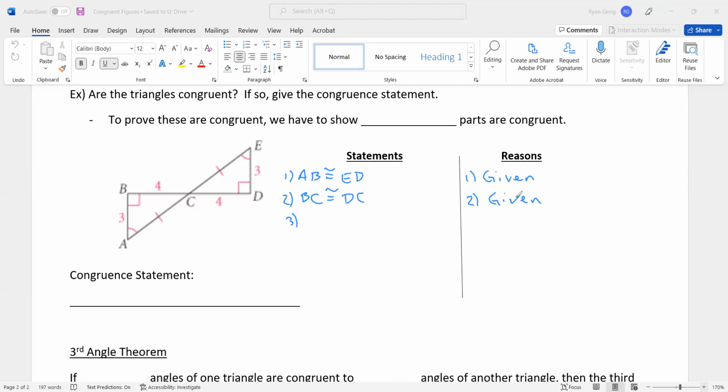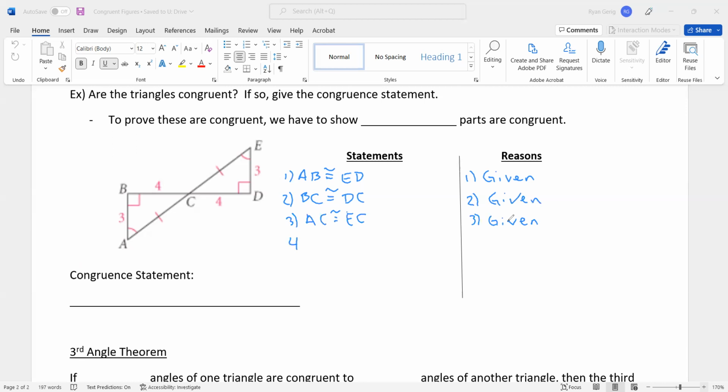Third one, also given, AC is congruent to EC. All three sides were given, weren't they? Those markings on AC and EC mean that those are congruent. The other two sides were given measures, and since they're the same, they're congruent.